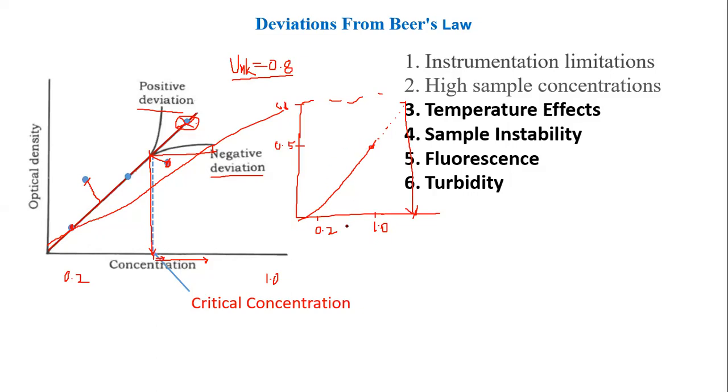The reason I will tell you, as I have shown over here, beyond the critical concentration, sometimes it may not obey the Beer's law, right? You don't know whether it obeys Beer's law or not. And this 0.8 might be either an underestimated OD, in the sense that it might be slightly lesser than what you should get, or it could be much more, because if it is not obeying Beer's law, then you might get either positive deviation or negative deviation beyond, say, 1.